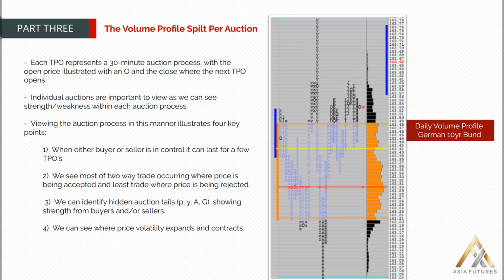So we can see a sudden shift in volatility. Opening up the auction process in this way will show us when there's suddenly a shift in the auction occurring between buyers and sellers, and this sort of information is extremely vital to us as traders when making trading decisions.